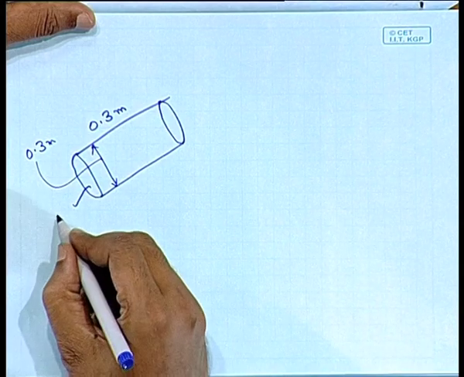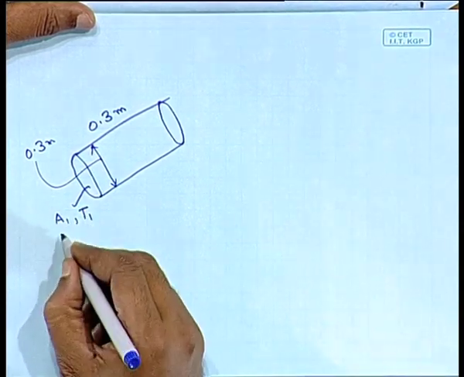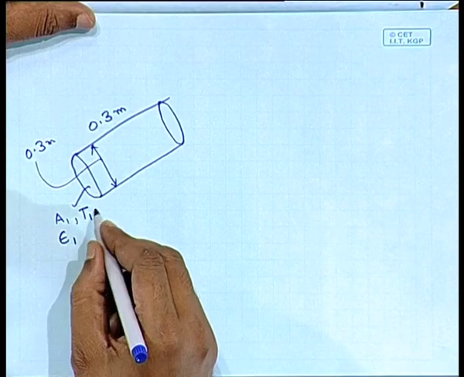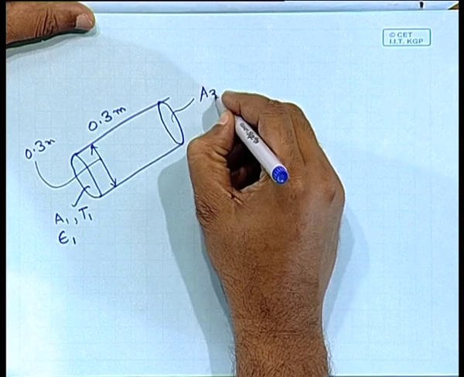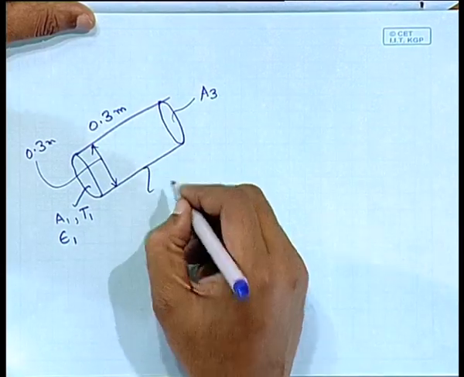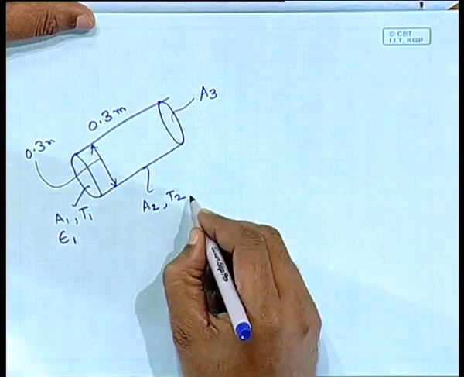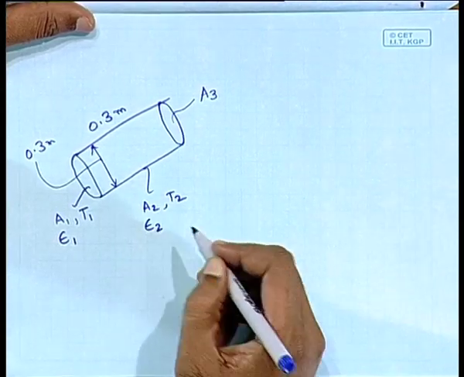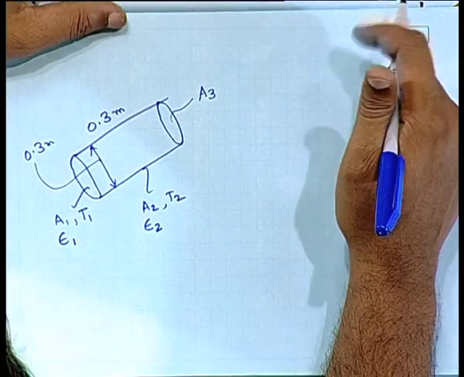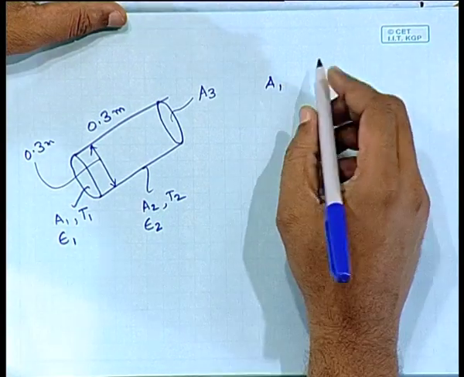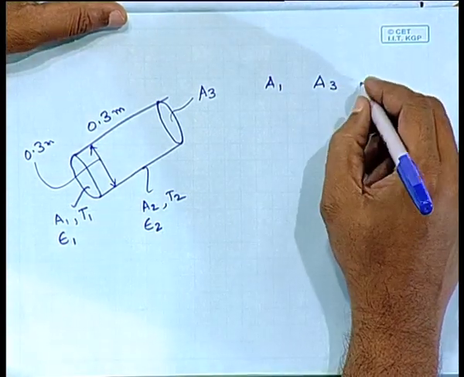You have three surfaces: A1 having a temperature T1 and emissivity epsilon 1, this surface, which I call A3, and this is A2 with a temperature T2 and an emissivity epsilon 2. It has been mentioned that one end A1 and the lateral surface, which is A3, both are black.